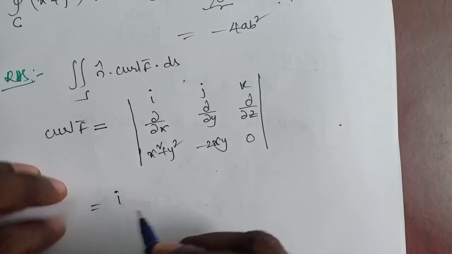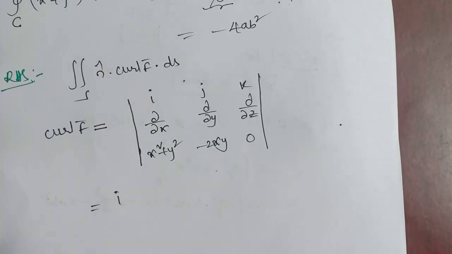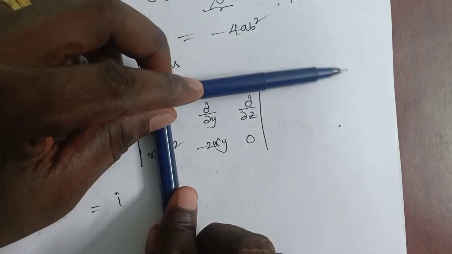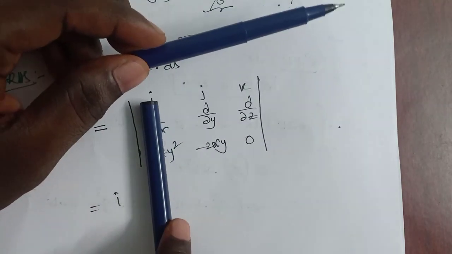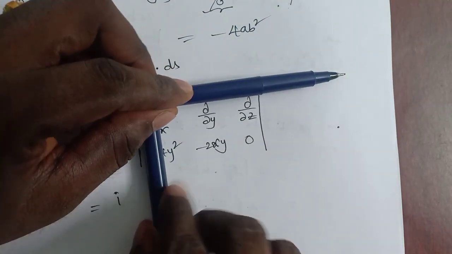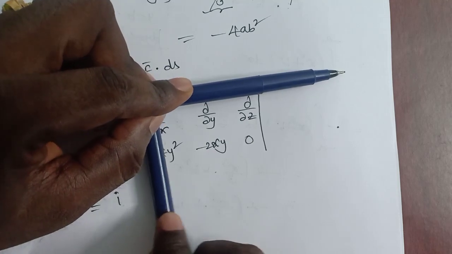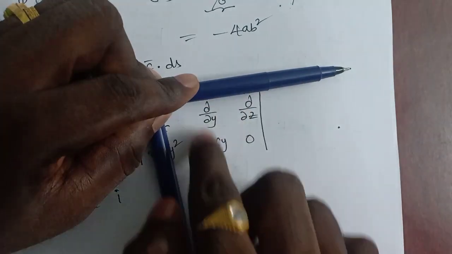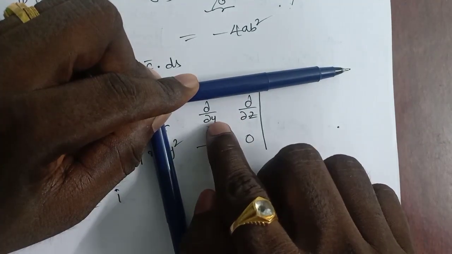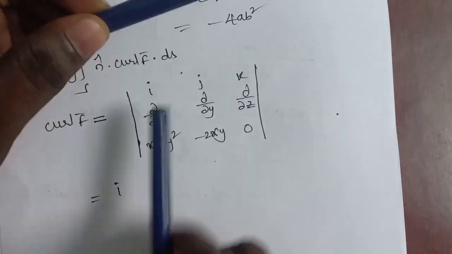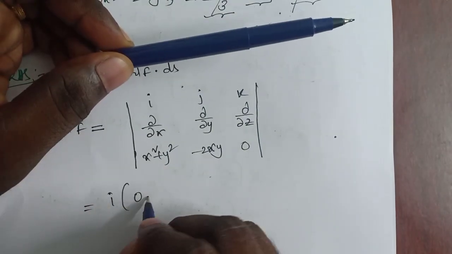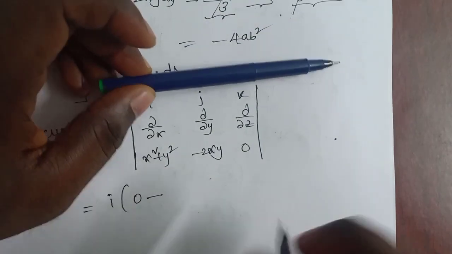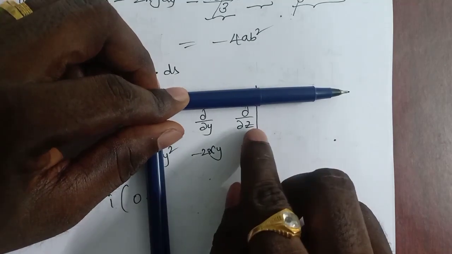So the first one is i, so eliminate these two. If you want to find the cofactor for i, then determinant of these two. So d by dy of 0 is what? 0 minus, clearly please observe this.